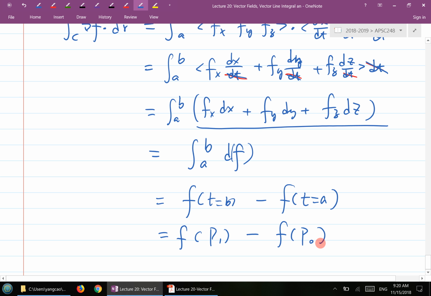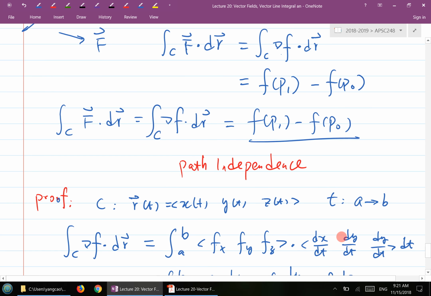As I said, this is definitely going to be tested. But the trick is you will not be told to use this to do a vector line integral. You have to be able to identify when to use this theorem, this fundamental theorem. Often, when you're required to calculate a vector line integral, if you don't use this theorem, you will never be able to get an answer.